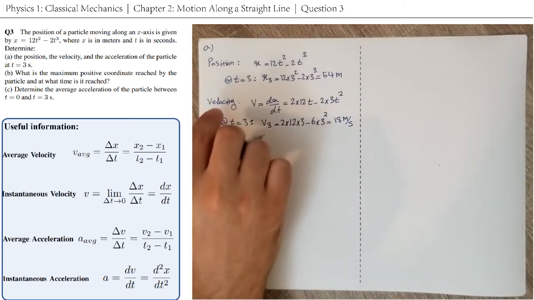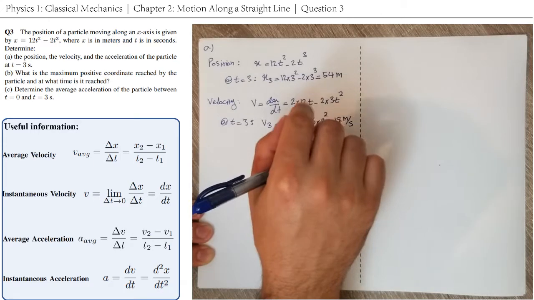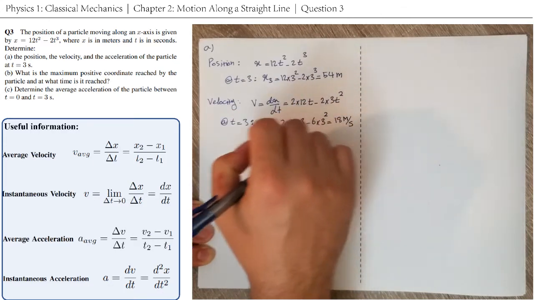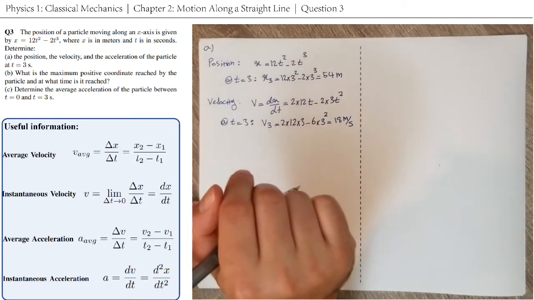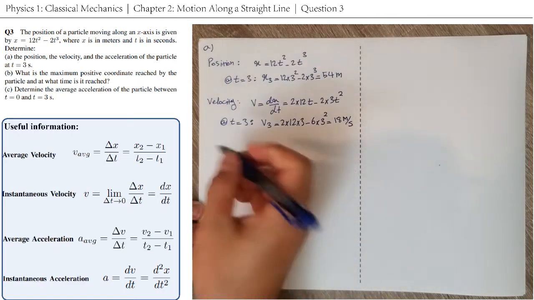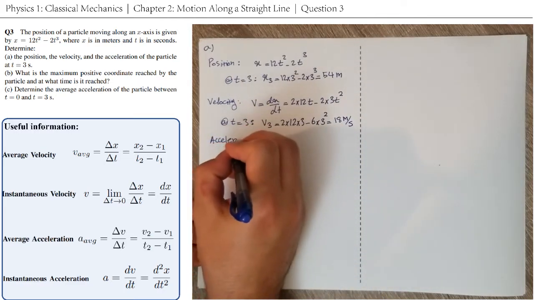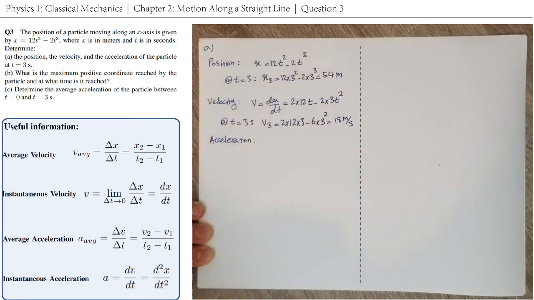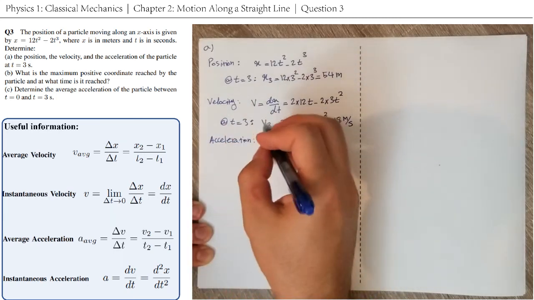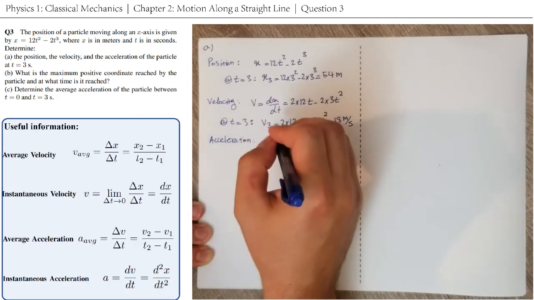We've obtained the position and velocity, and the next part of the question is asking us to obtain the acceleration at t equals 3. Again, by definition, acceleration is defined as the derivative of the velocity with respect to time.